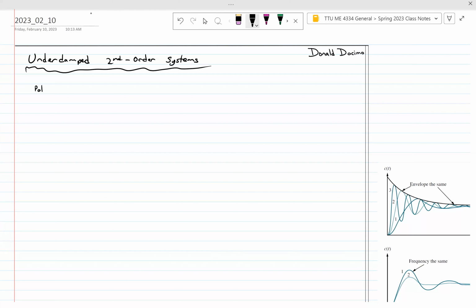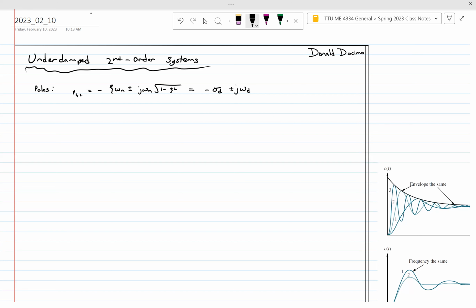So our poles, which we solved for last time, was negative zeta times omega n plus or minus our imaginary number j, omega n, square root of 1 minus zeta squared, right? We also could have said zeta times omega n, that is sigma d, the real part, right? And then the imaginary part is omega d here.